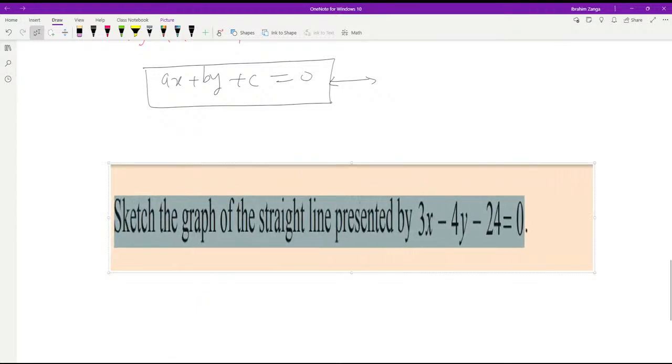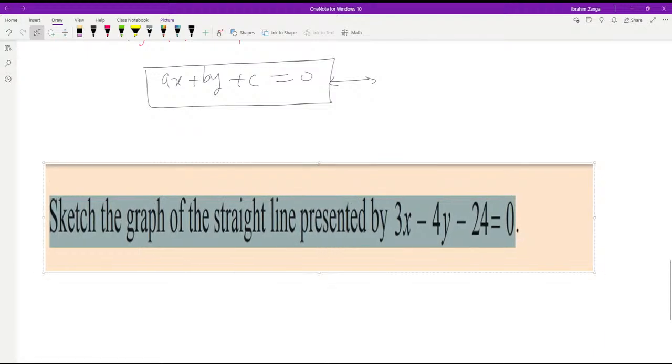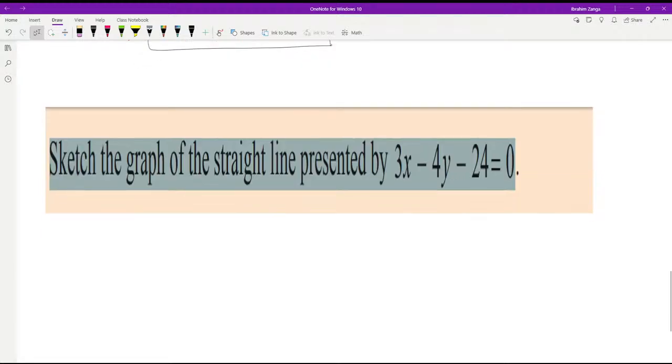So basically this is the question. Sketch the graph of the straight line presented by 3x minus 4y minus 24 equals 0. So dear students, our equation is 3x minus 4y minus 24 equals 0.